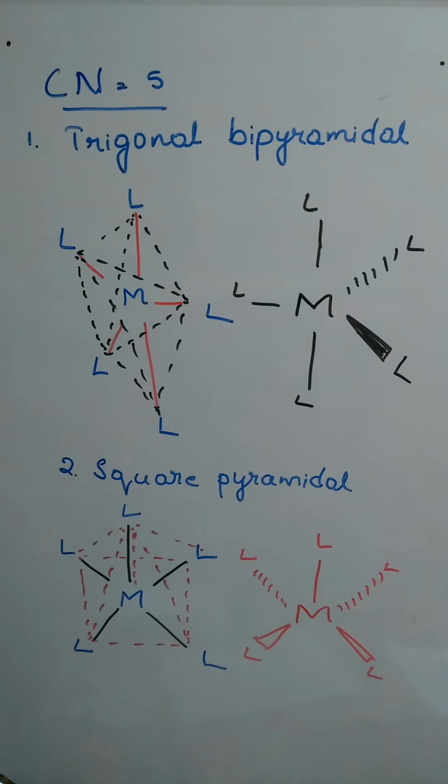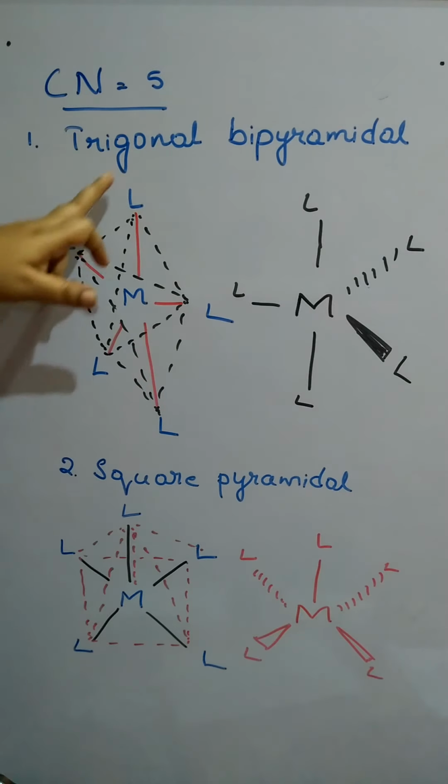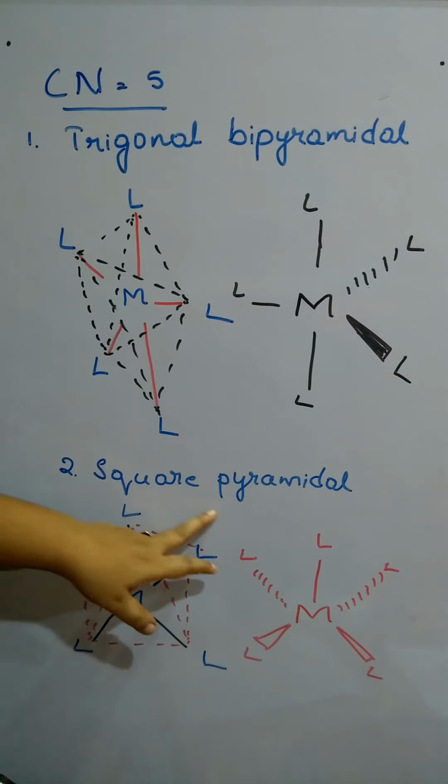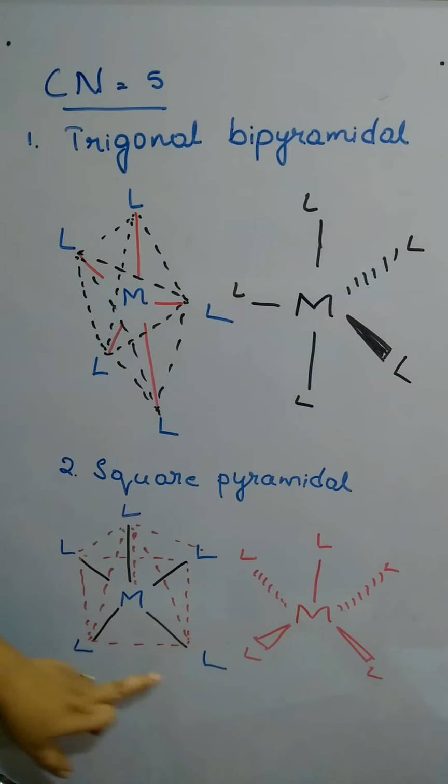If coordination number 5 is there, it is arranged in two different ways. One is trigonal bipyramidal, with a triangle in the plane, one above the plane and one below the plane. The other one is square pyramidal: four arranged in a plane in the form of a square, and one above the plane. So, square pyramidal and trigonal bipyramidal.